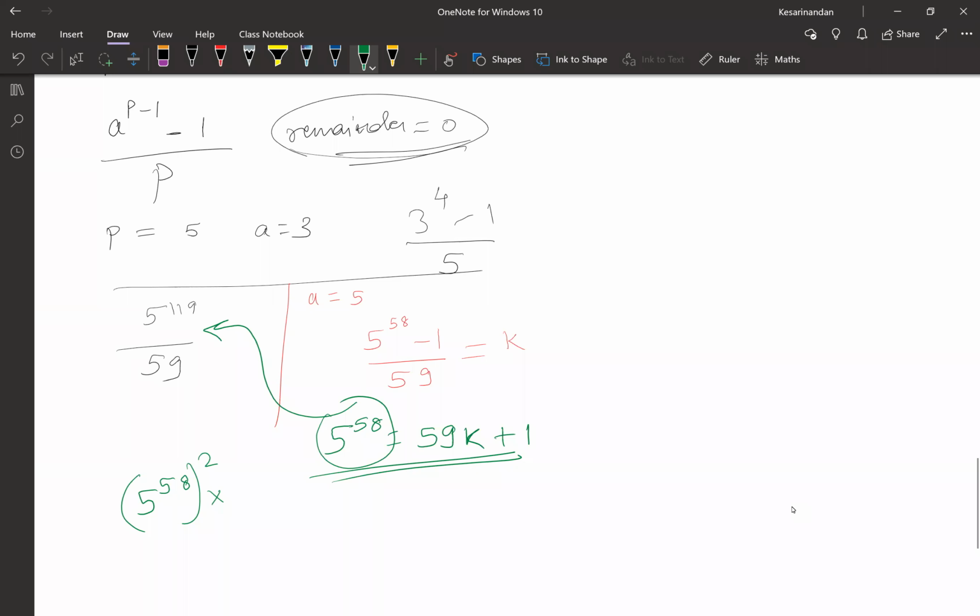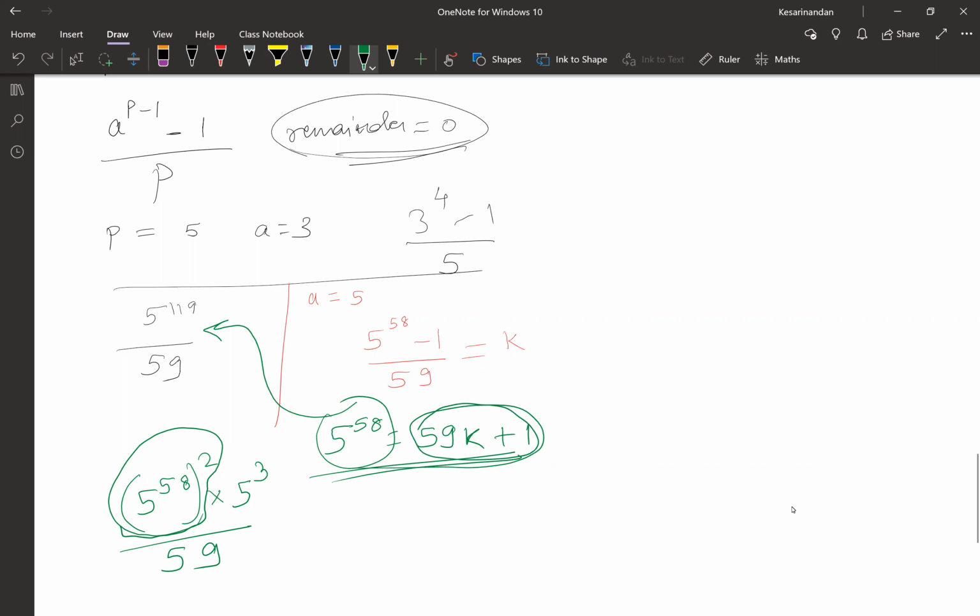Sorry, 106. 5 cube. Yes, 5 cube. Now how much will this give me as the remainder? 1. 5 raised to 58 is 59k plus 1.